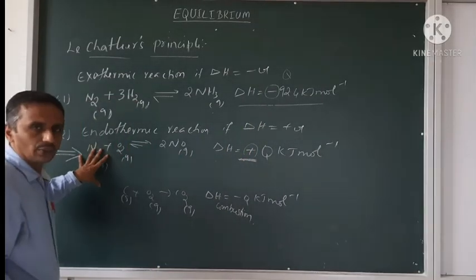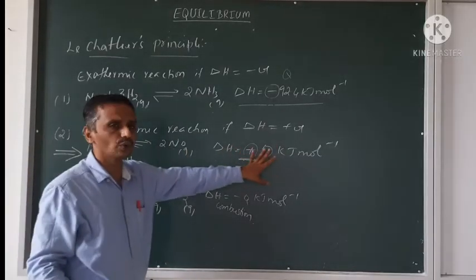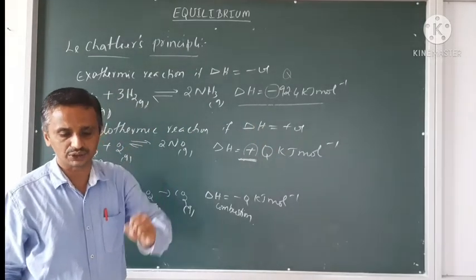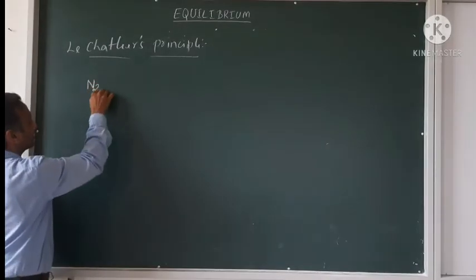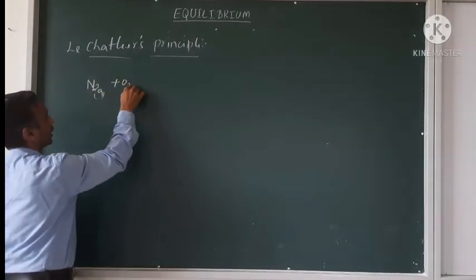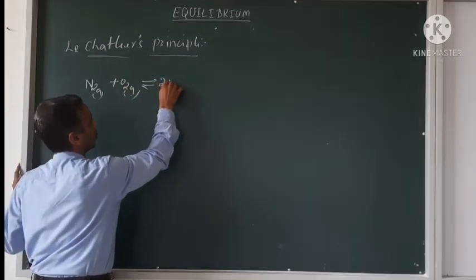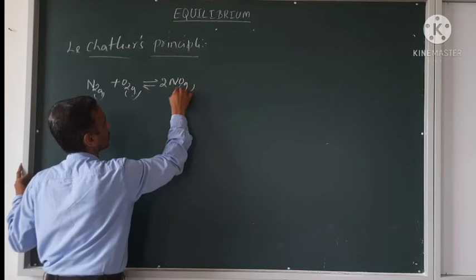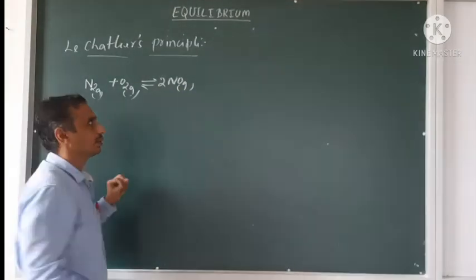Now I said even though burning of nitrogen is a combustion process, Q is positive. Why is it? See, just as I mentioned, N2 gas plus O2 gas gives 2NO gas. This is a combustion of nitrogen.